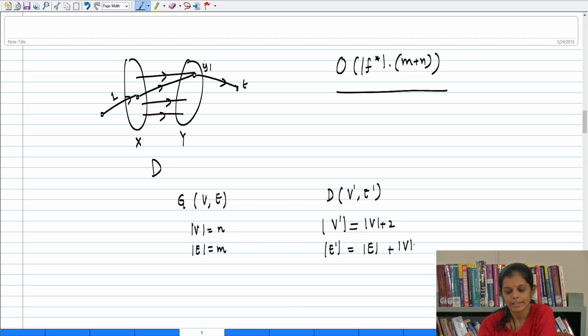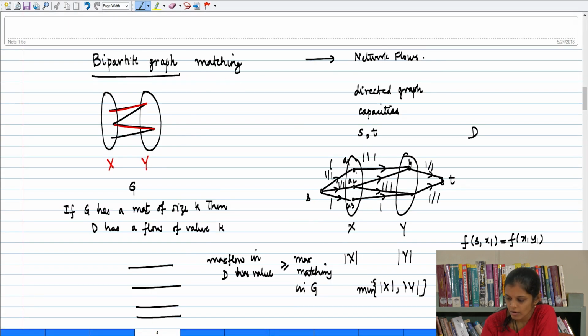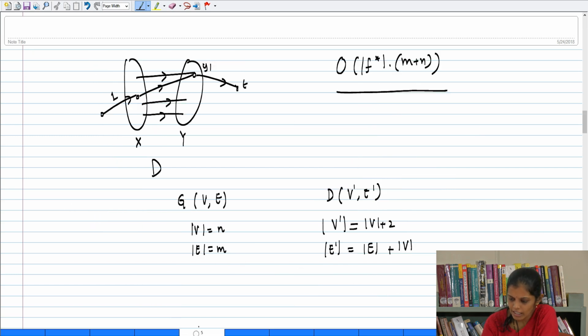And then what is the value of the max flow? We agreed that the value of the maximum matching or the value of the max flow in such a network is always upper bounded by the minimum of the cardinalities of X and Y. So in fact one can upper bound the value of the max flow by V, the number of vertices in this original graph, which is slightly weaker.